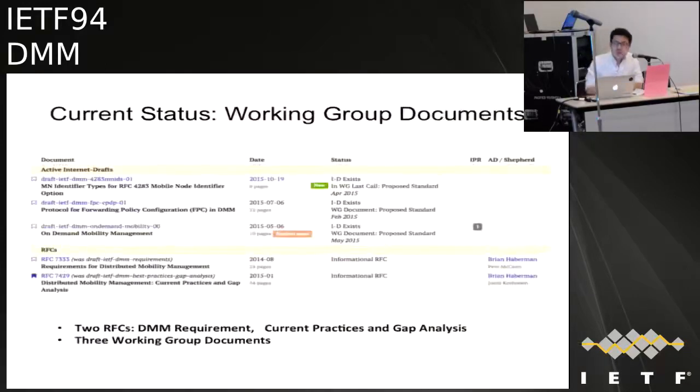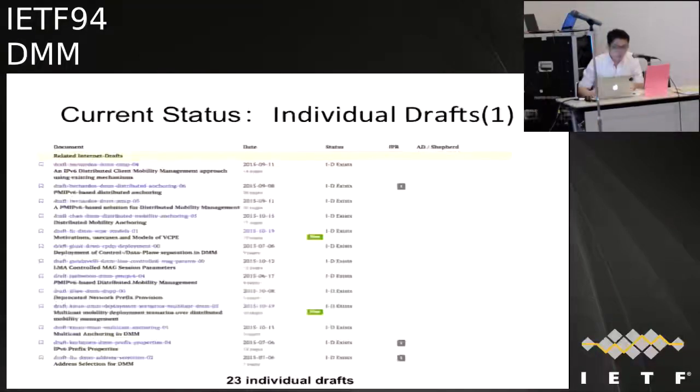Okay, here is the current status. We have published the 2 RFCs, which are DMM requirements and current practice and gap analysis. And we have 3 working group documents here, and we have another 23 individual drafts.